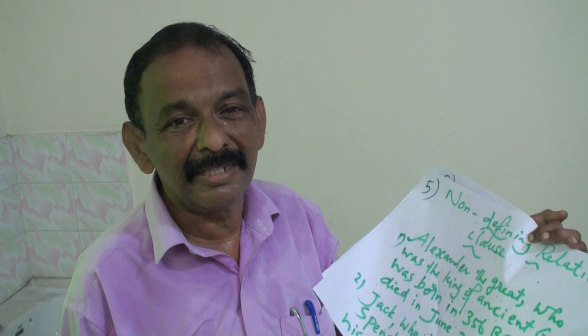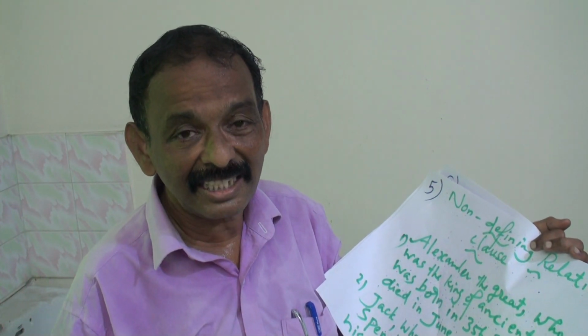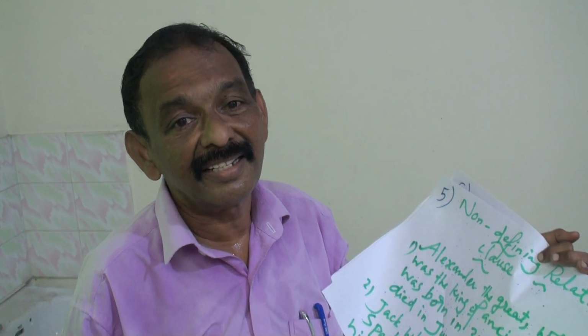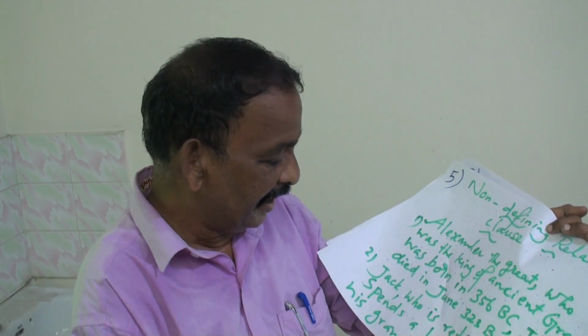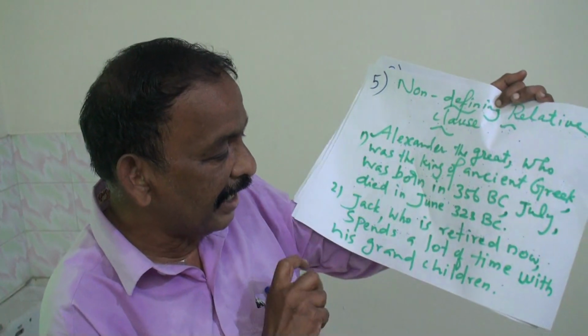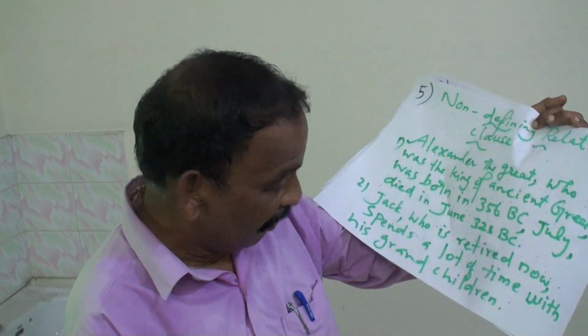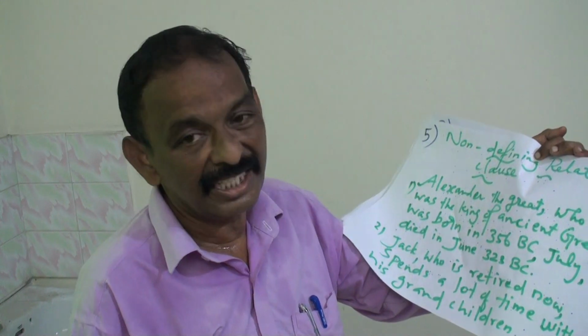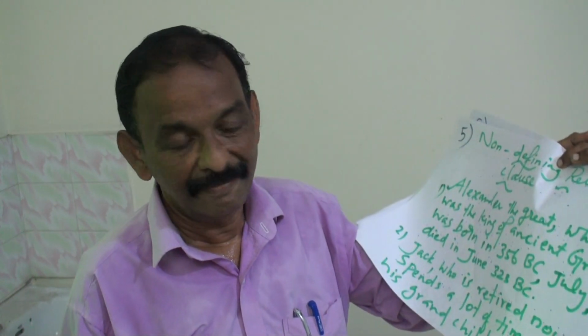That is continuous information. That need not be defined, because who it is about is already mentioned. Then Jack, with a comma, who is retired now, spends a lot of time with his grandchildren.